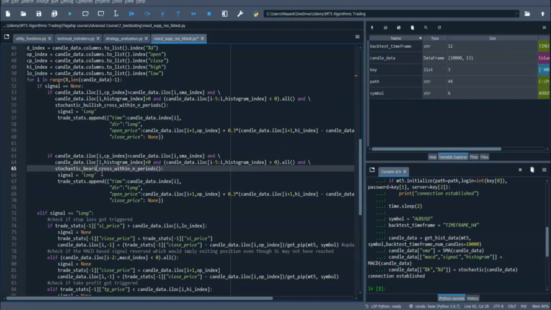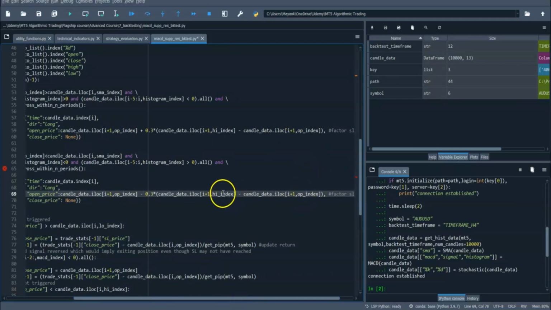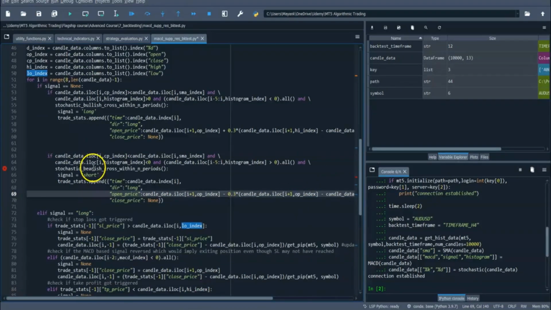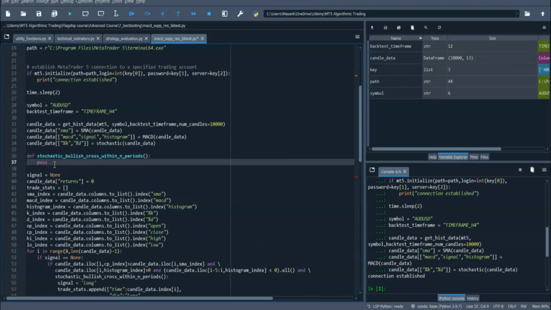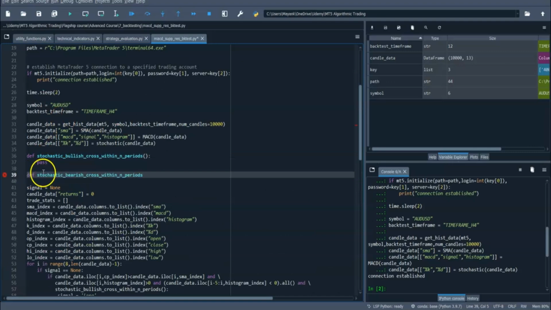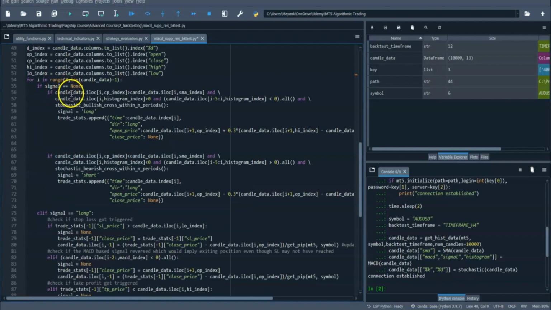Signal is short, and here it would be open index minus the low index, right? And I don't have the bearish cross, so let me create this function as well, a placeholder of course. We will update this function later. Define bearish cross, pass. So we have taken care of when the signal is none.